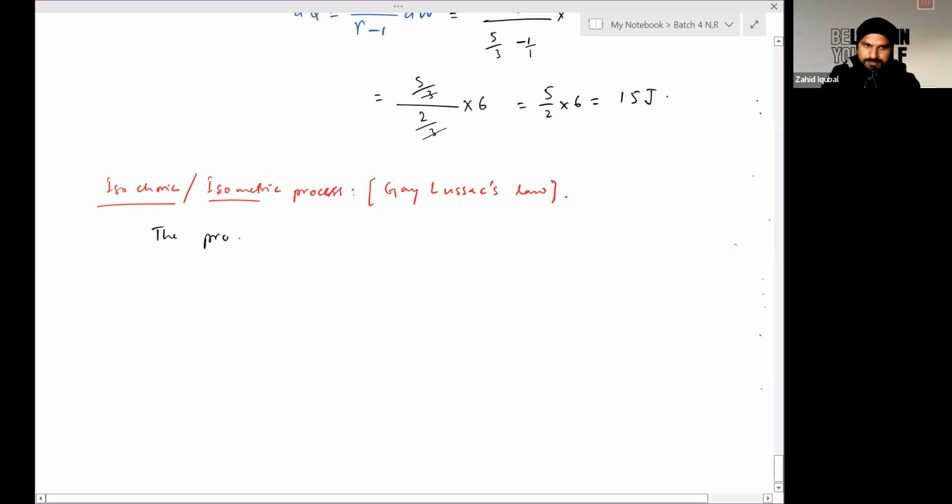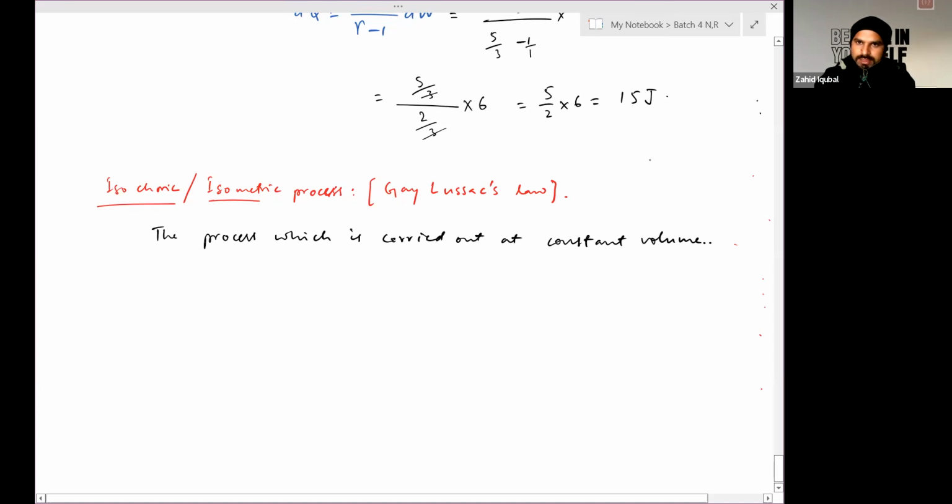The process which is carried out at constant volume is called isochoric process.